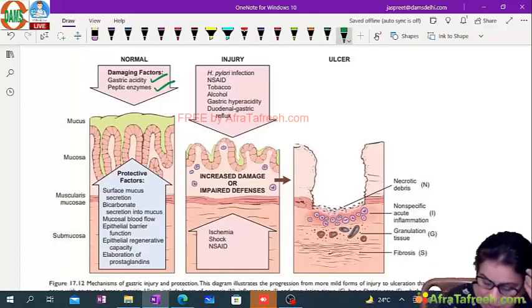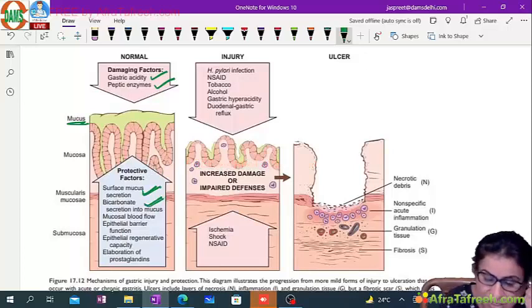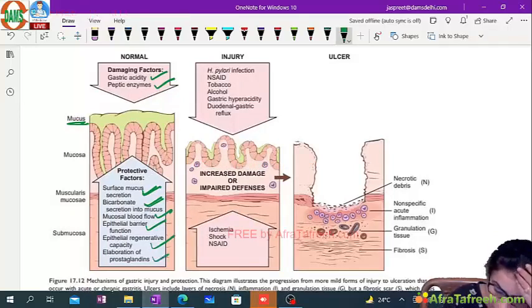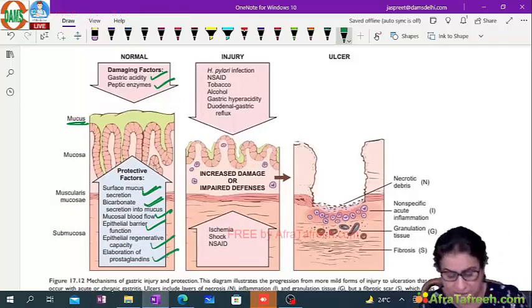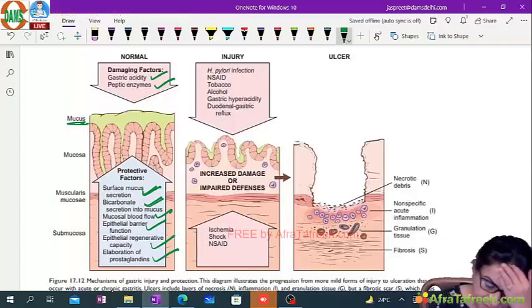Defense mechanisms: number 1, you can see the mucus layer on top, so surface mucus secretion is important. Bicarbonate secretion in the mucus. Yes, Adesh, absolutely, answer is A. Then mucosal blood flow, epithelial barrier function, epithelial regenerative capacity, and elaboration of prostaglandins. These are all protective.